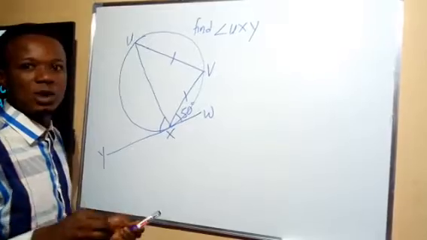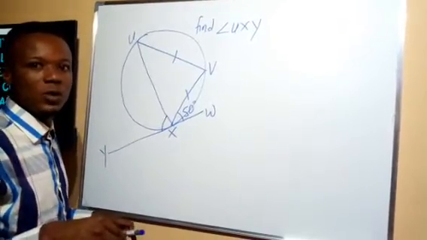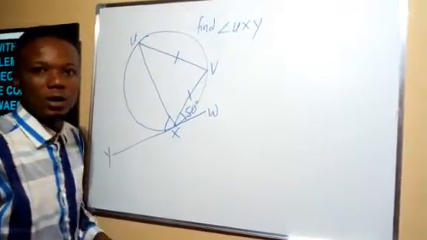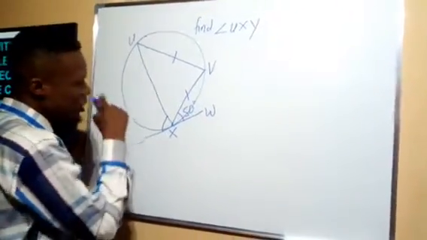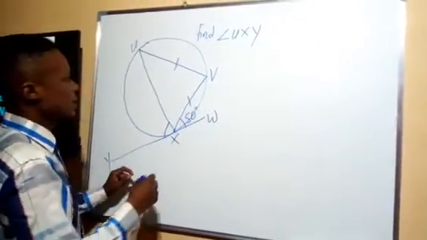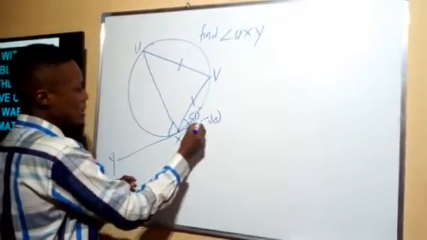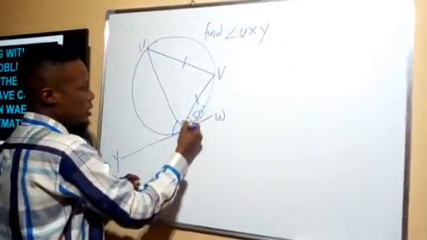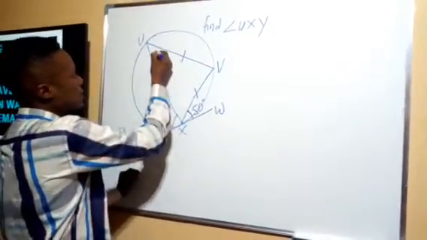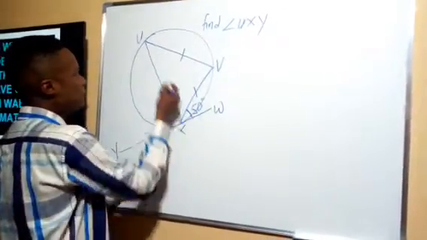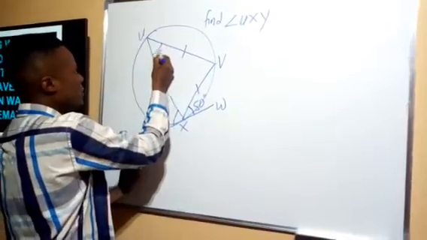Because in an isosceles triangle, the two sides are equal, and if the two sides are equal, automatically the base angles are equal. There is a theorem in a circle which is telling us that the angle between a chord, this is a chord, and a tangent is equal to the angle in the alternate segment. So if here is 50, here will also be 50 degrees.